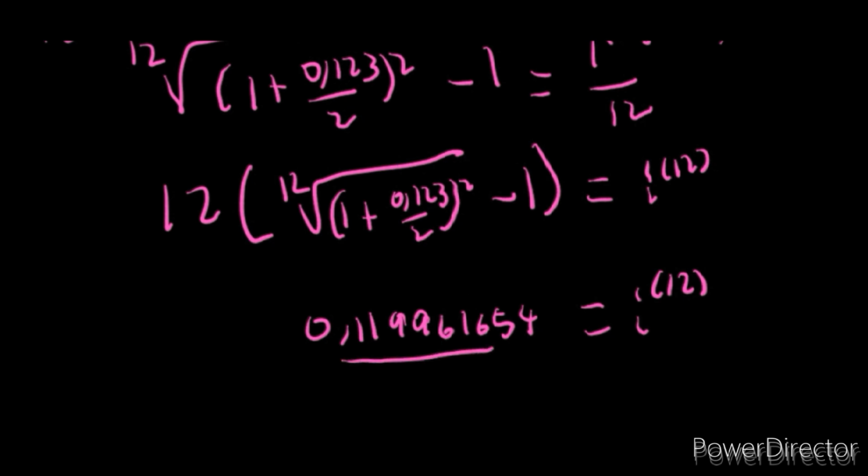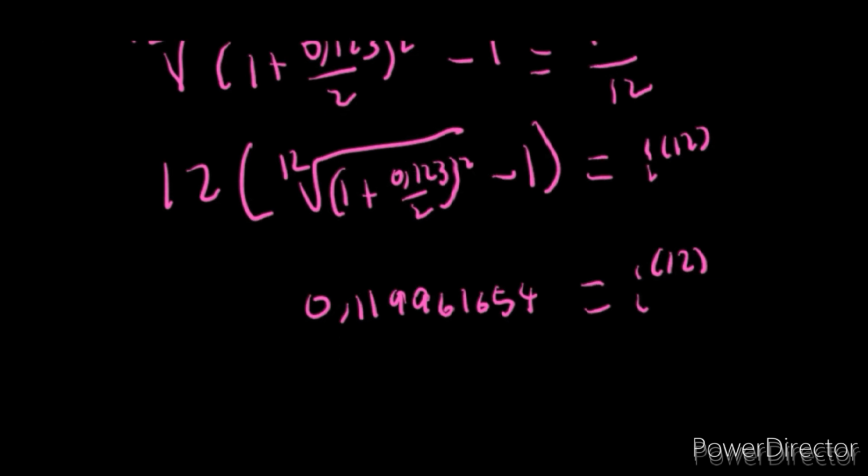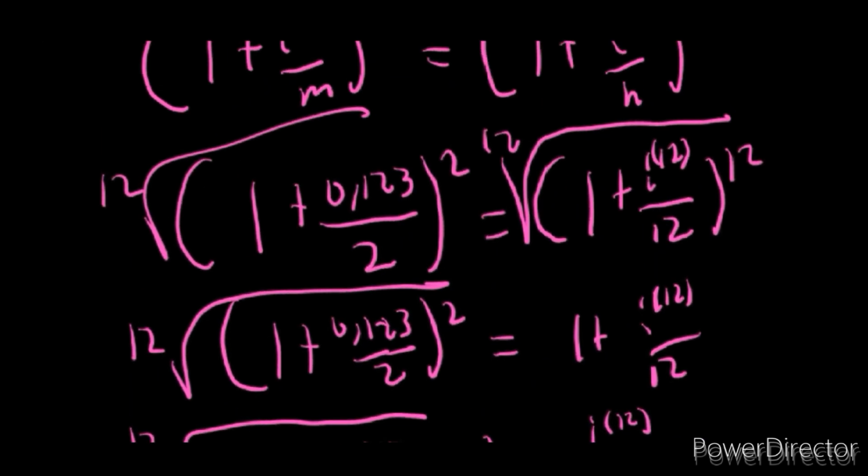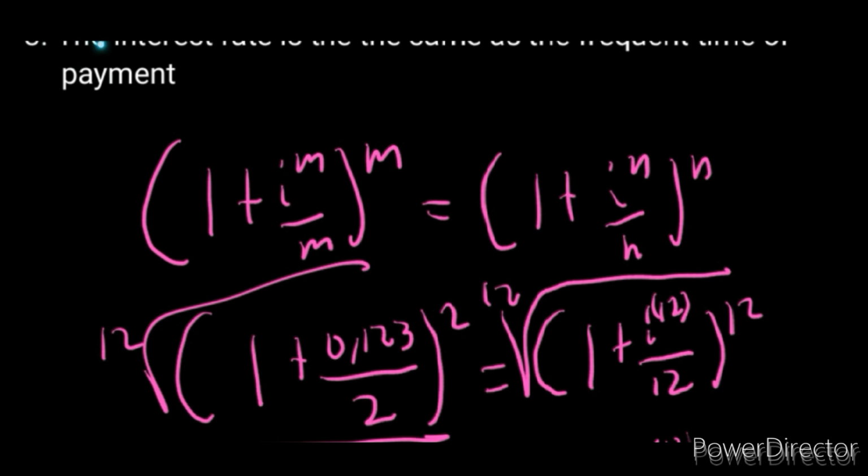Notice that we first divided the interest by 100 before we plugged it in, because it was 12.3%. We actually got 0.123 because we divided it by 100.